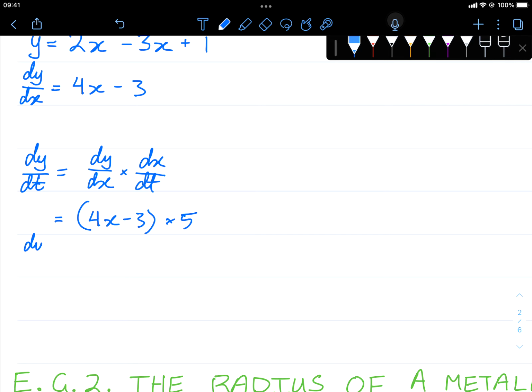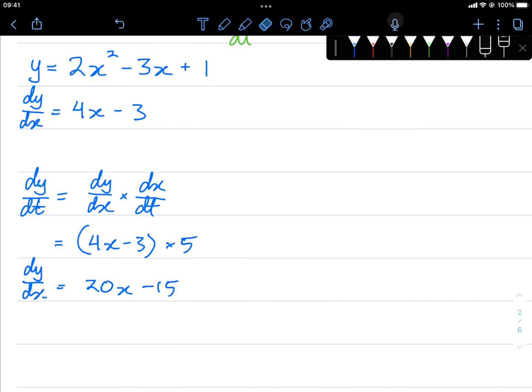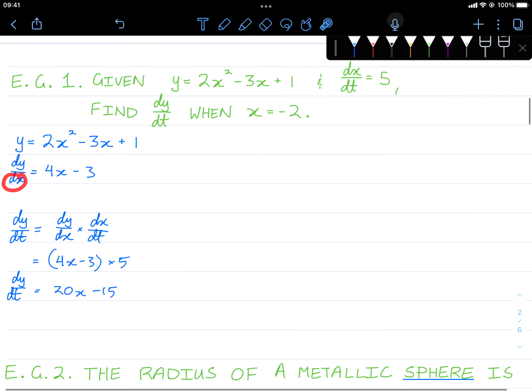So we can say now dy/dt is equal to 20x minus 15. Sorry, I made a mistake. That's dy/dt. There we go. So this is the rate of change of y against time, no longer against x.